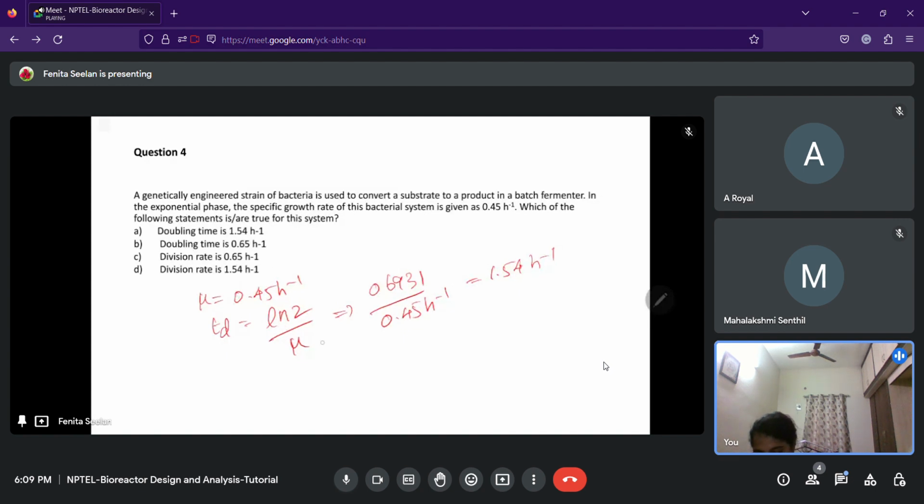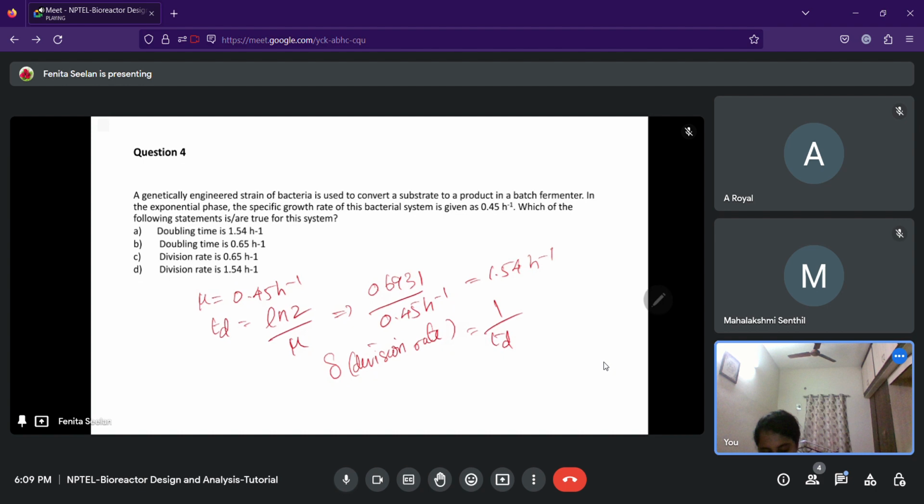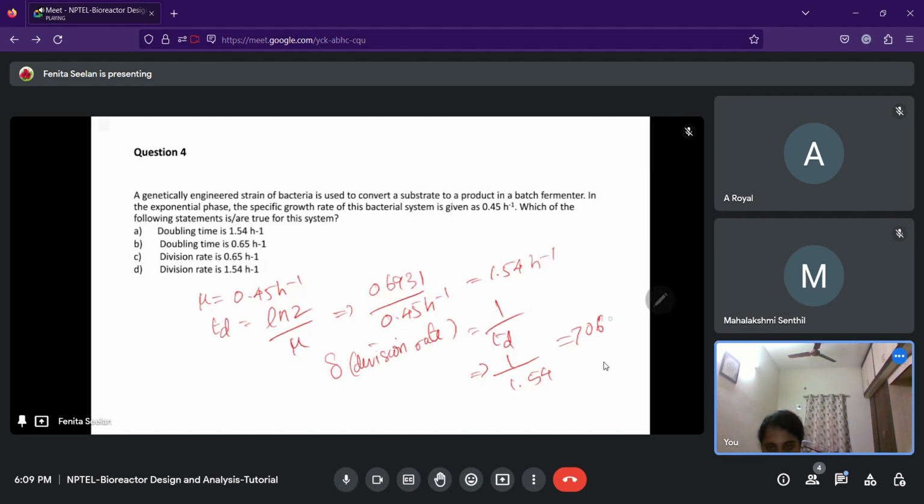Division rate is the rate at which the bacteria divides, so that would be 1 by doubling time, which is 1 by 1.54, meaning 0.65 per hour.